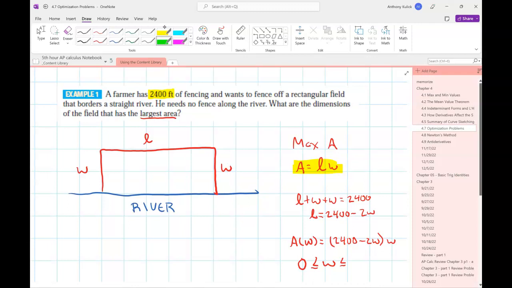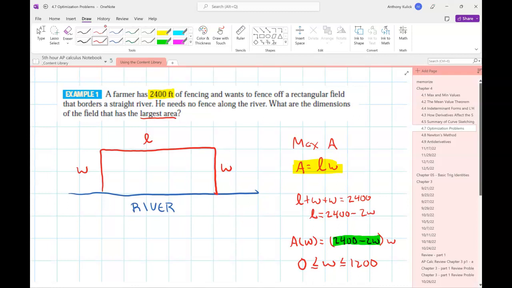Not 2,400. I mean, it certainly does have to be less than that, but that's not the... Look here. 1,200, because anything bigger than that is going to create a negative area, correct? Everybody's cool?